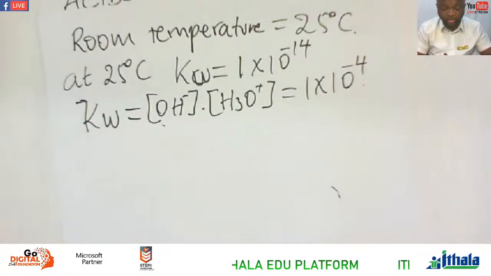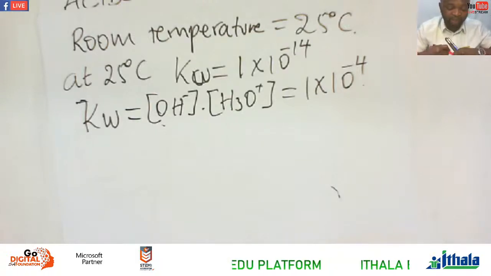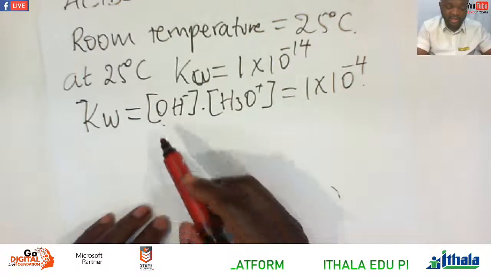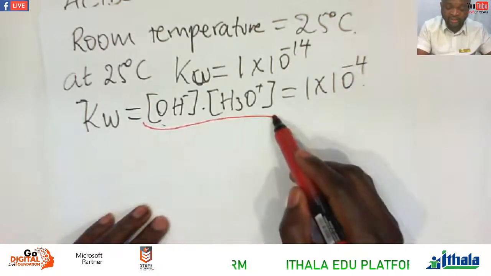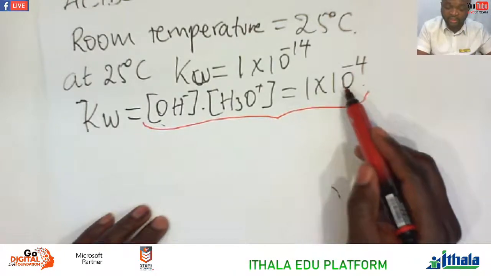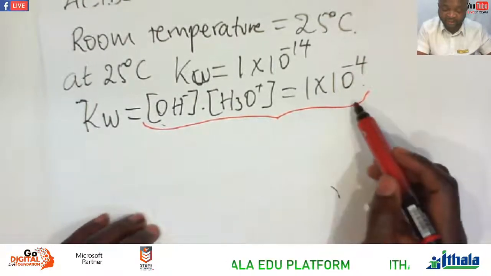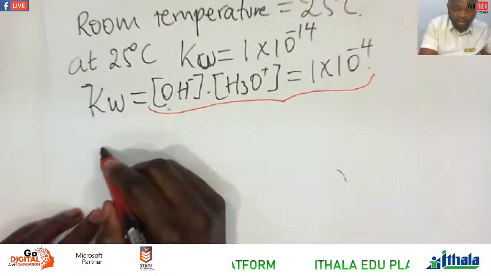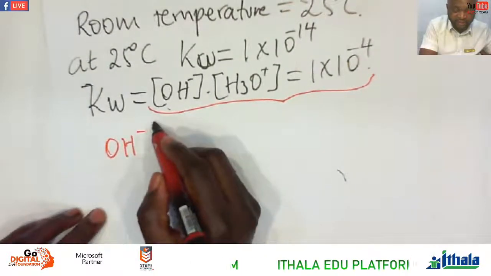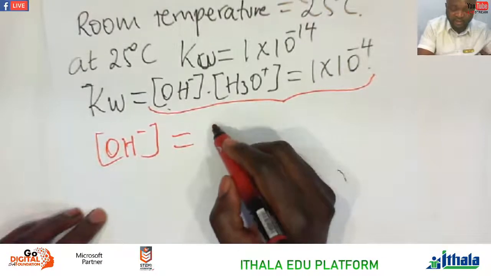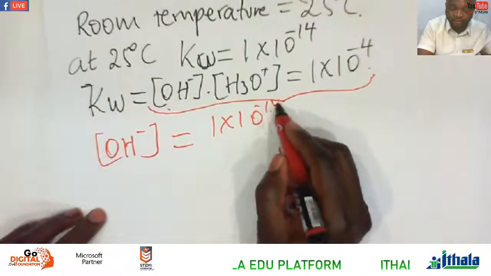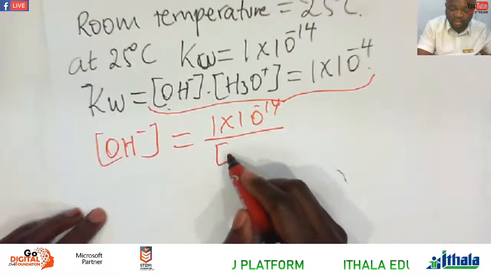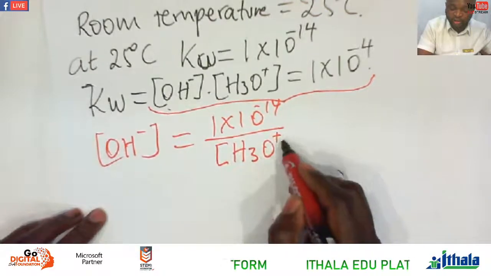This allows us to relate the concentrations. These concentrations of OH minus and H3O plus can be related mathematically. So the concentration of OH minus will be 1 times 10 to the power negative 14 divided by the concentration of H3O plus.